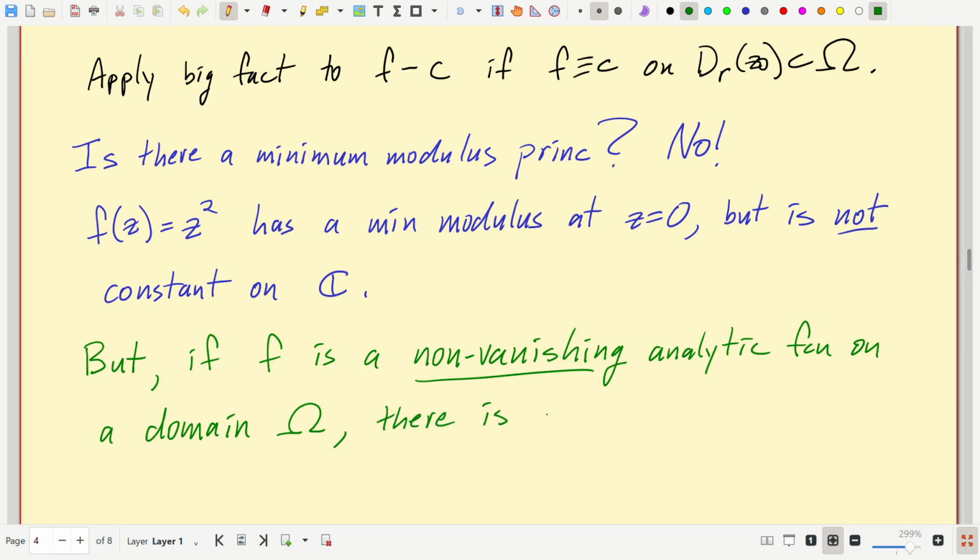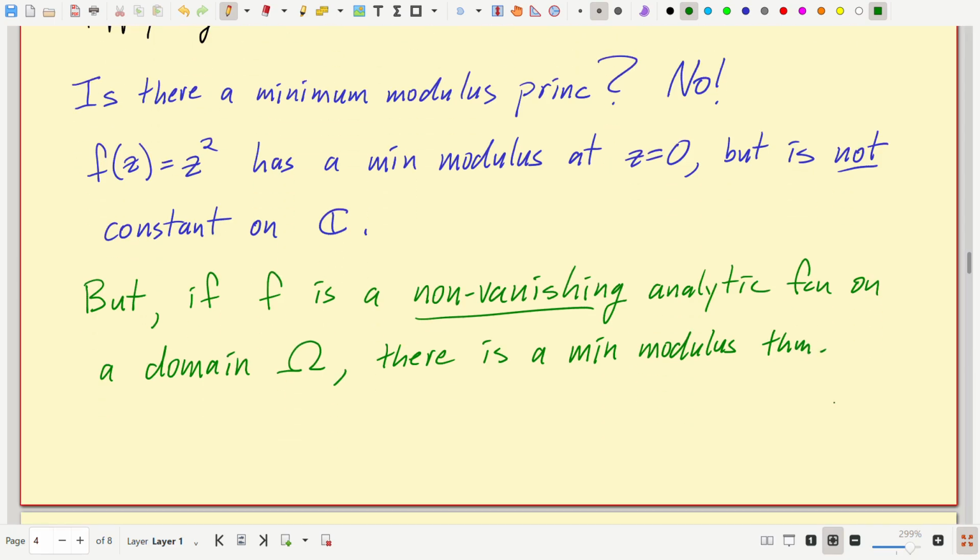And it's trivial to see why. There is a minimum modulus theorem. And the proof would be: when f is non-vanishing, you apply the maximum modulus principle to 1 over f. So that would be all there is to that.